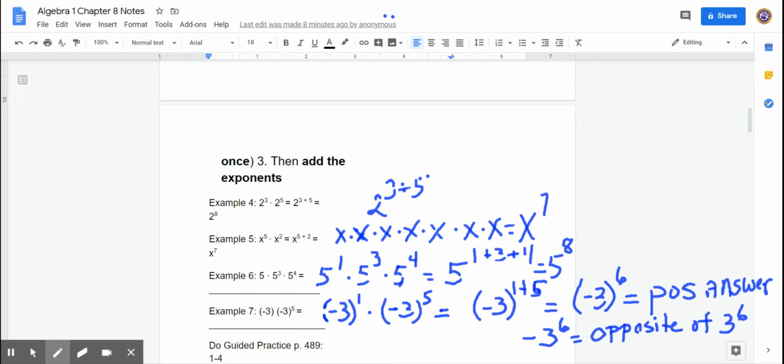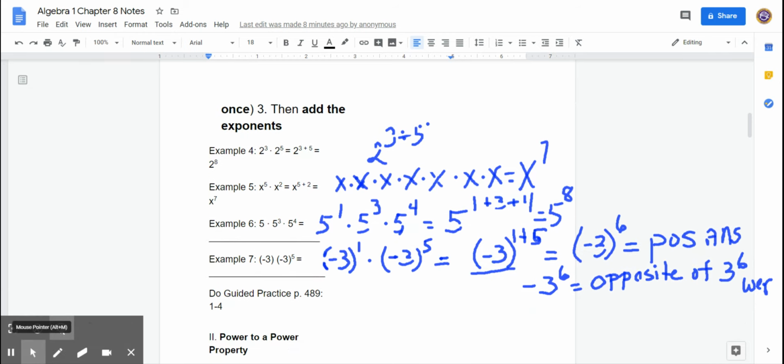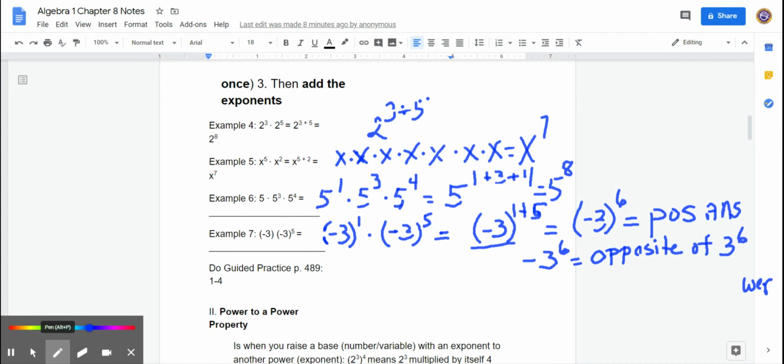That negative is not included with the 3 as the base. Unlike up top here, it is included because it has parentheses around it. So here, opposite of 3 to the 6th. So the opposite of 3 to the 6th is going to yield you a negative answer.